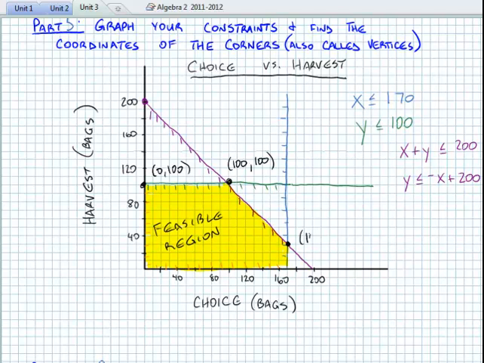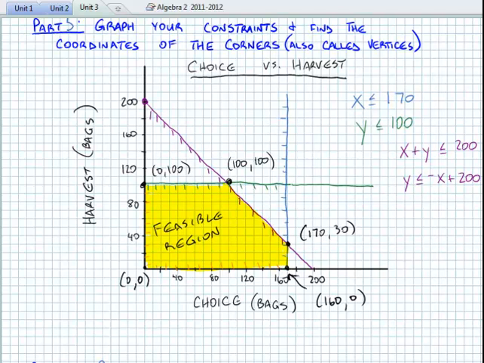Down here, this one looks like it is 160 and 30. Take that back. That appears to be 170 and 30. And then the bottom corner of our region apparently has the coordinates 160, 0. Oh, and then I have 0, 0 here as well.